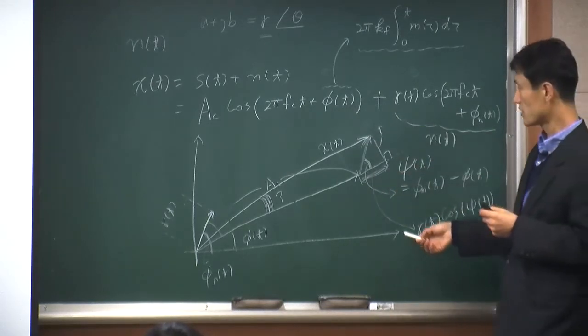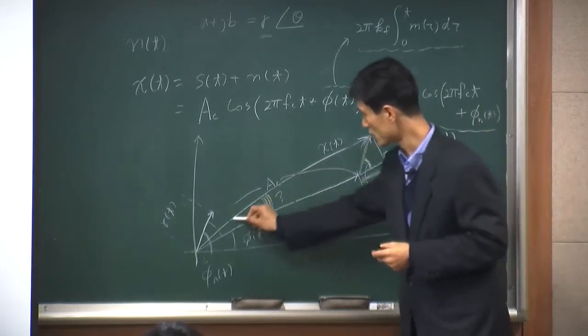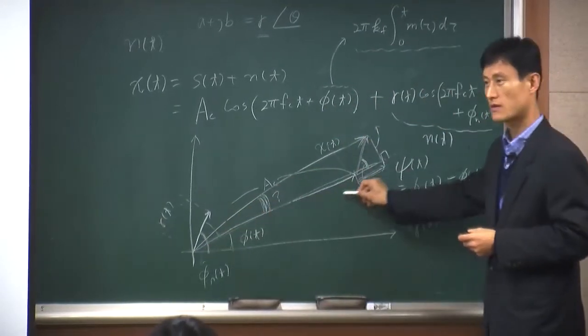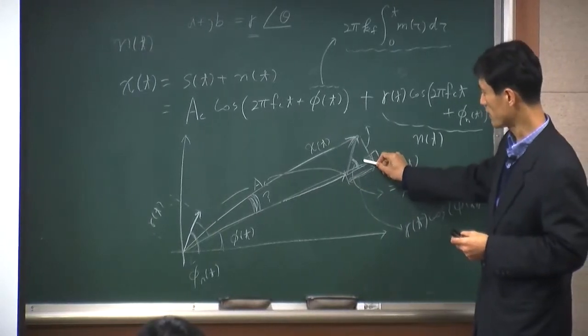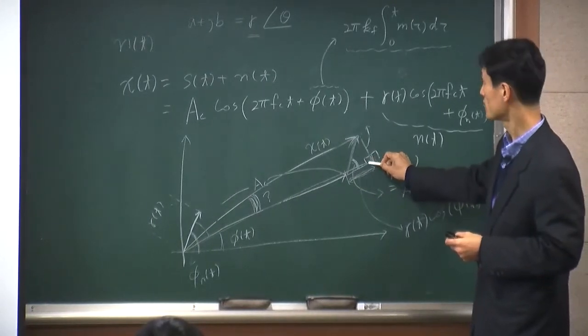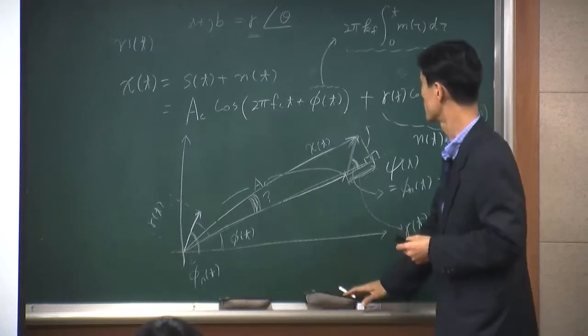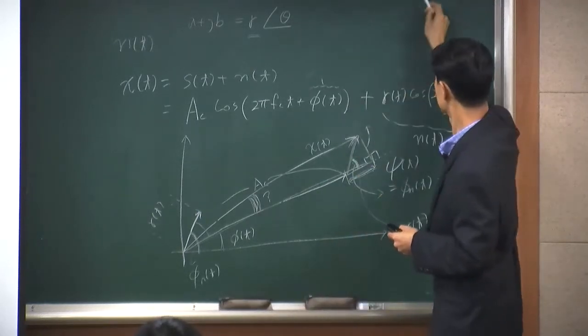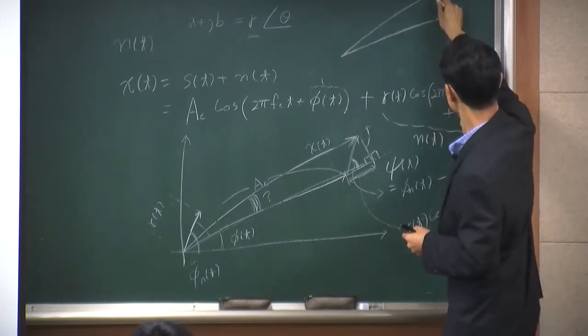Now we want to consider this triangle. Here we have a 90 degree angle, like this.